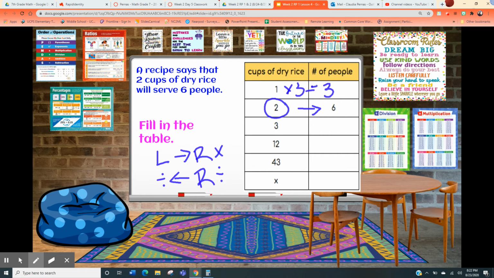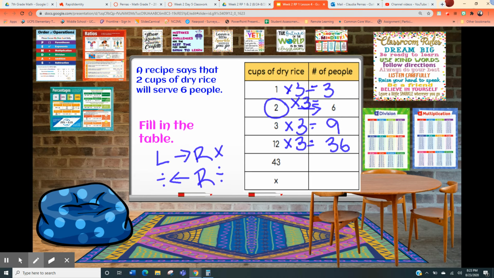And if I check this one, 2 times 3, it gives me 6. So far, so good. Next, 3 times 3 would give me 9. 12 times 3, let's think, will give me 36. Very good.